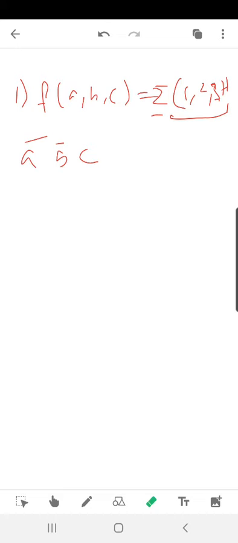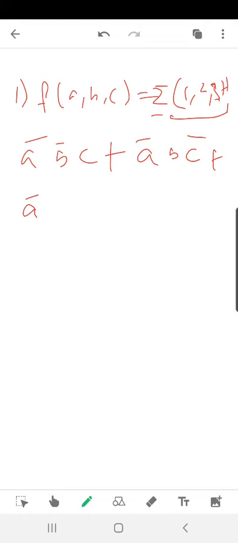So it will be a bar, b bar, c plus 2. 2 is written as 0 1 0. It means it will become a bar, b, c bar, plus then 3. 3 is written as 0 1 1.